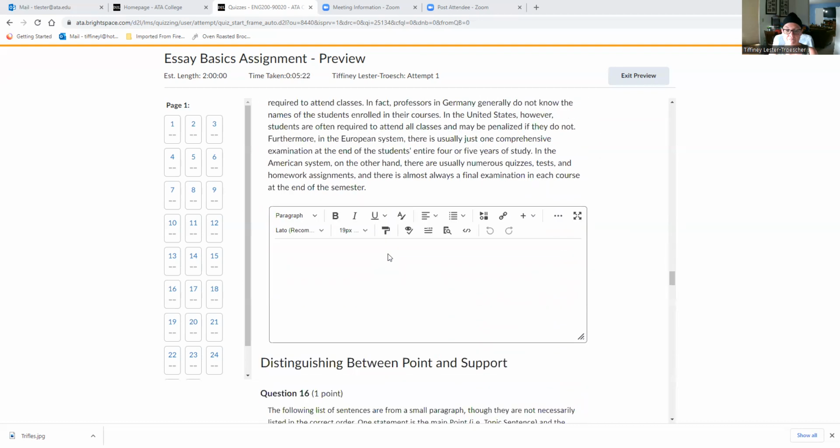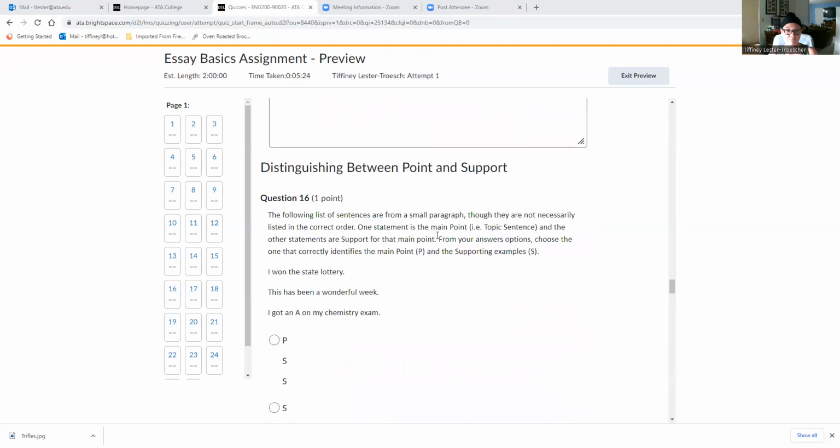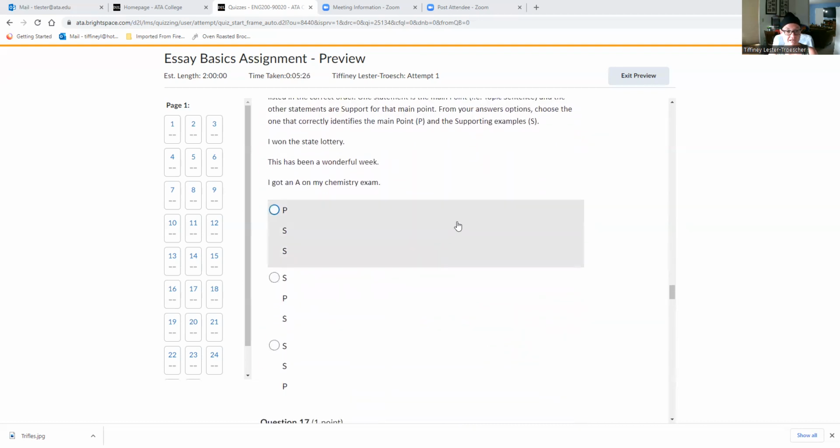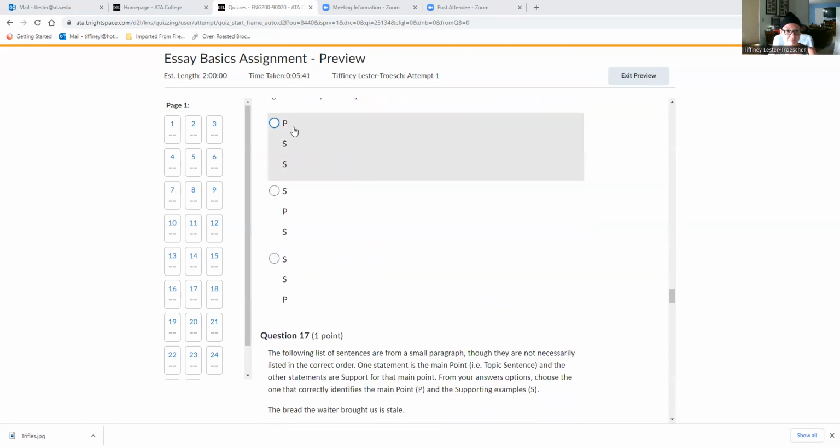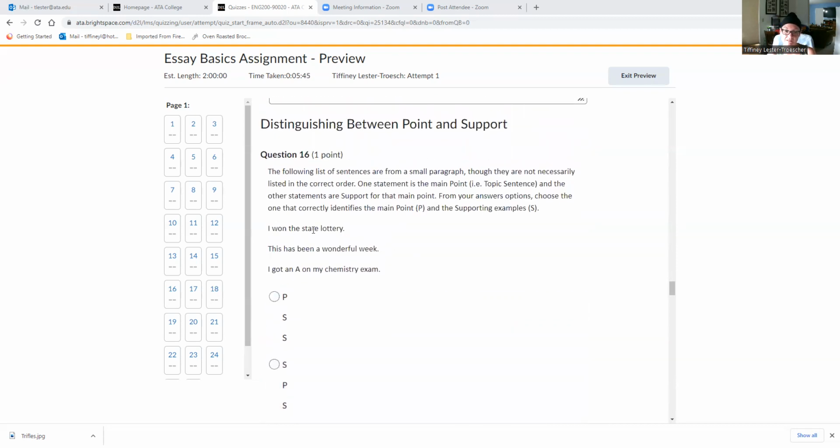And then you will attempt to create the topic sentence for the paragraph, right? So there's 2 of those, 14 and 15. Then you've got distinguishing between point and support, right? You have a list of sentences here, and we know that one of the sentences is the overall focused point, and the other sentences are the supporting examples. So you'll look at your options: PSS, point, support, support. Does that mean this is the point and these two are the supports?